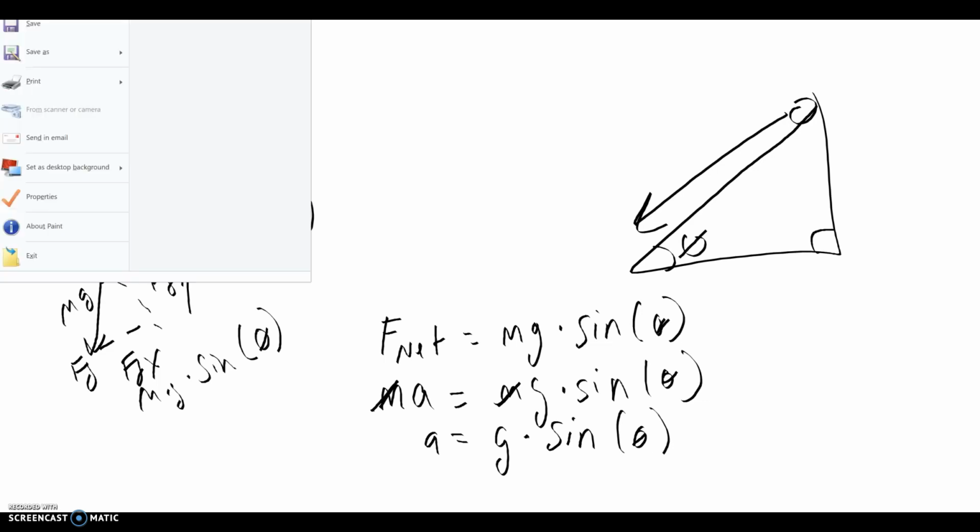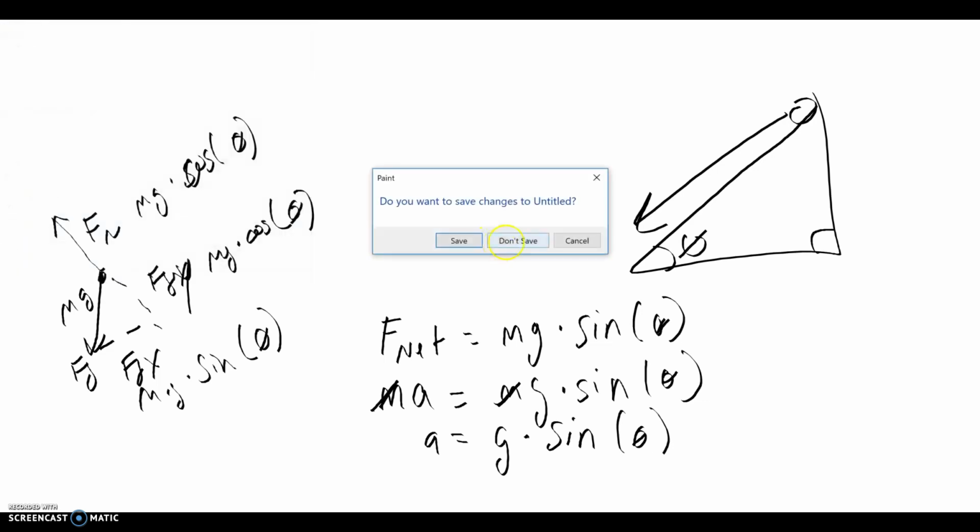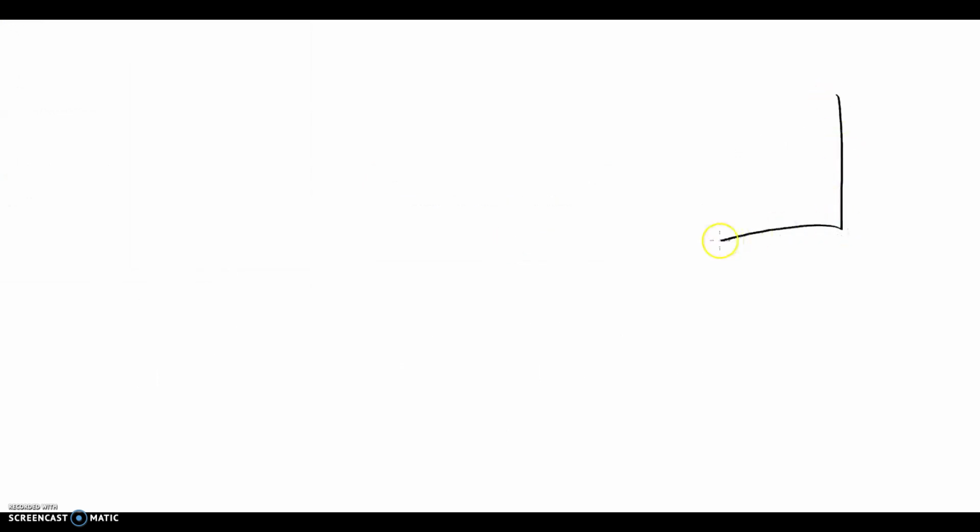So now let's just do an overview of everything that we've just learned. So you have an inclined plane with a right angle here, theta, the ball is going down. Let's draw out a free body diagram once more. Gravitational force, normal force, break the gravitational force down. You have theta here, right angle here.